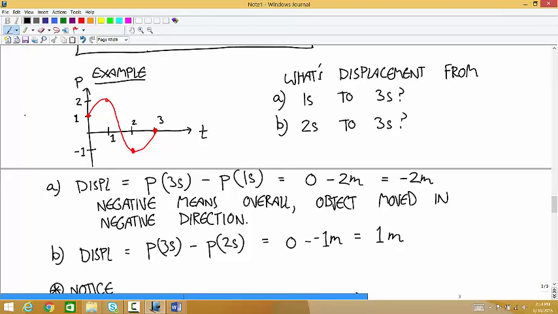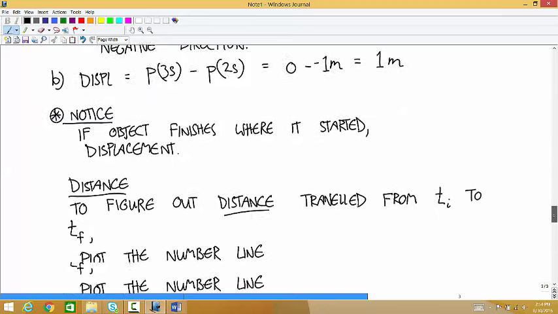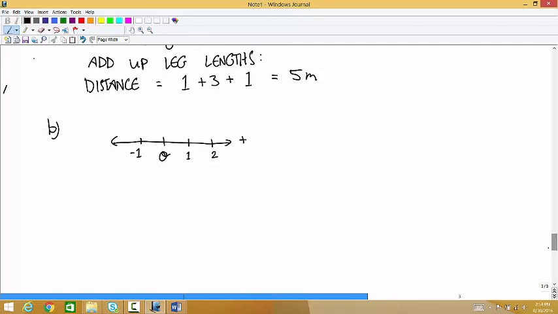So when time equals 1, it starts out at positive 2. And at time equals 2, it ends up at position negative 1. And that's the end of the interval we're looking at. So what's the distance traveled here? Just the length of this arrow, so it's just 1, 2, 3.